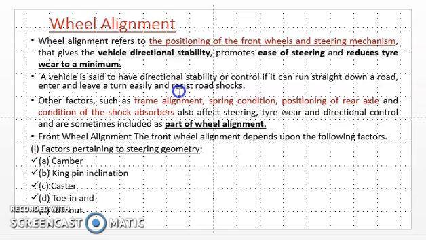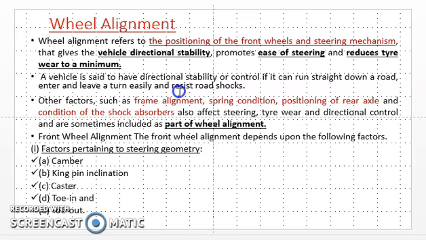And for this proper wheel alignment, first there should be a proper steering geometry. In steering geometry, camber angle, caster angle, kingpin inclination, toe in, toe out, all these things you have to check correctly.